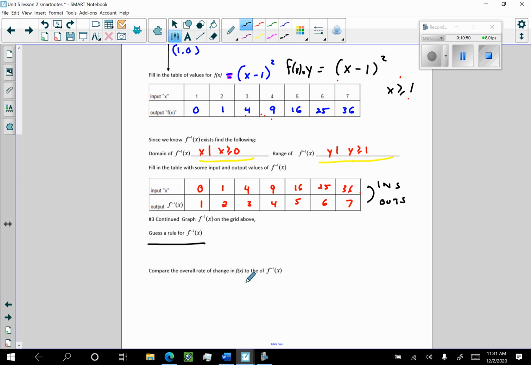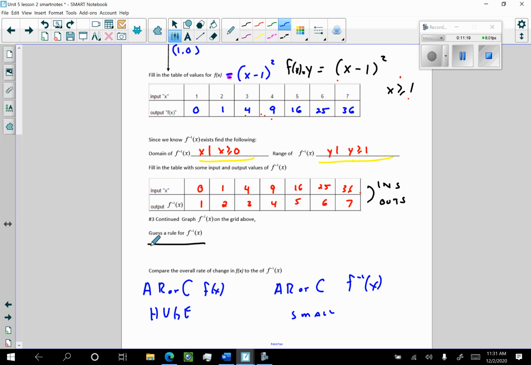So the average rate of change of f is going to be huge, and the average rate of change of f inverse is going to be super small.